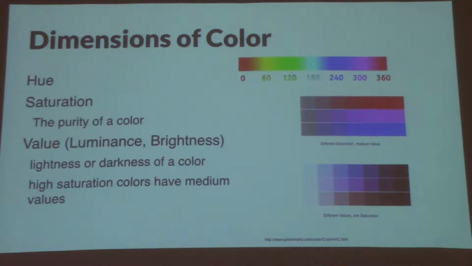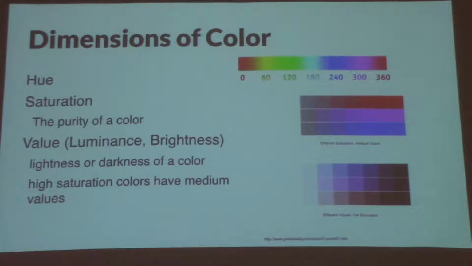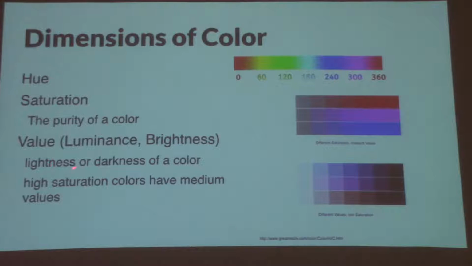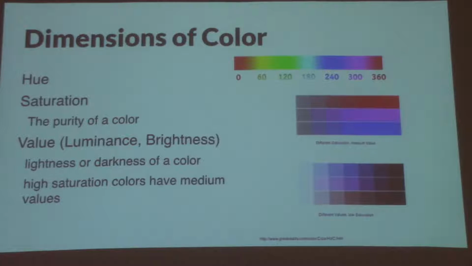And then we also have the value, or the luminance or brightness. Color terms are really a little bit messy, but we will use hue, saturation, value, or sometimes brightness. This essentially tells you the lightness or the darkness of a color. High saturation colors have medium values. You can see the different saturation examples here. So this is a high value and low saturation.